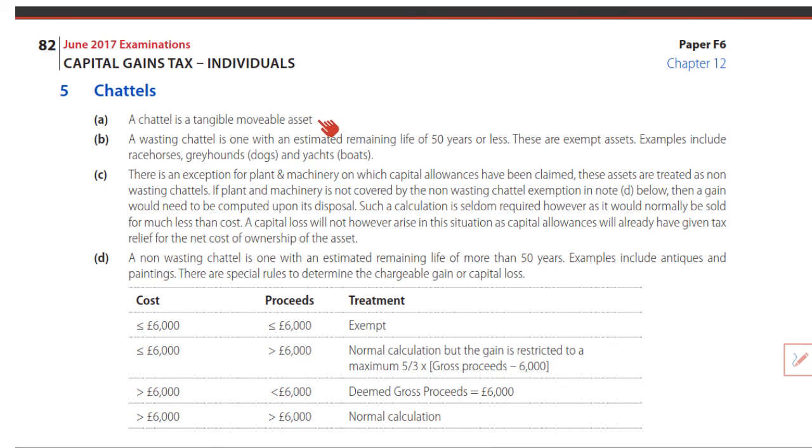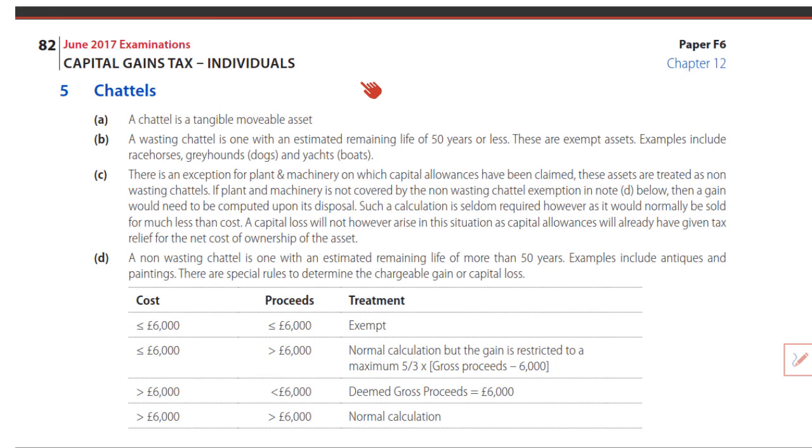It's a tangible movable asset, and that certain chattels, it's said in our list of exemptions when looking at a definition of chargeable asset, we said all assets are chargeable unless specifically exempted. And on that list we picked out, well, probably about 3 of the main ones, but one of those was this certain chattels.